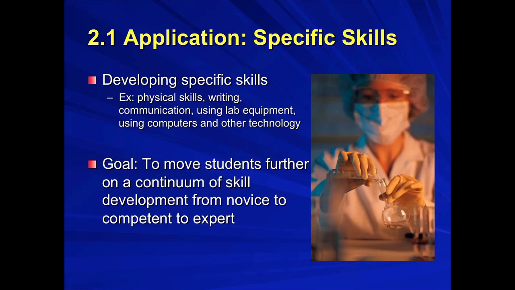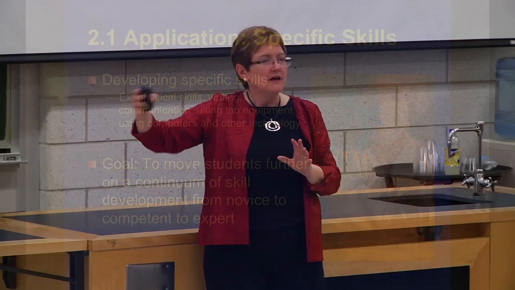Your learning outcome for your course might have to do with advancing writing, moving the learner on a continuum from novice to more competent to expert. And certainly in any one course, we're not necessarily always moving people along that full continuum.